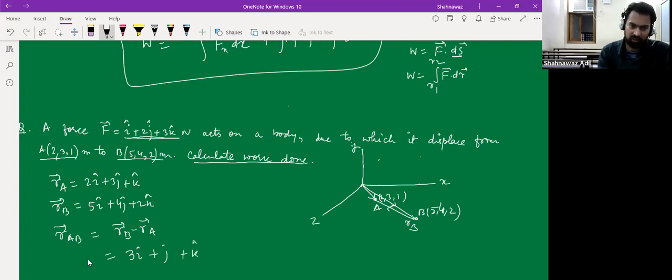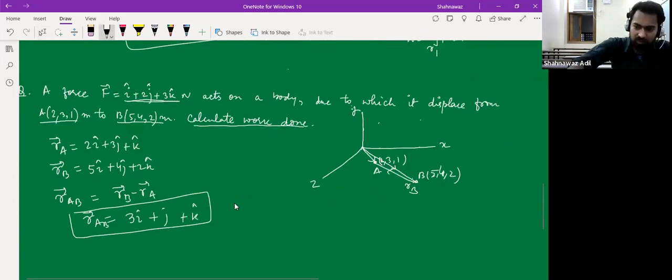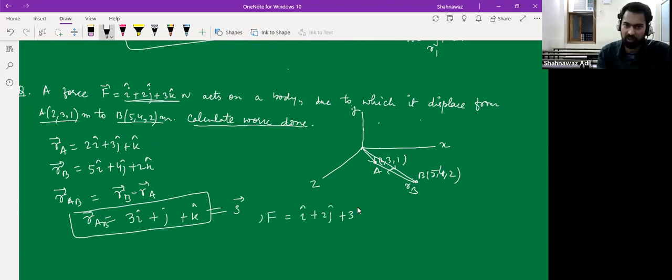So this is the displacement vector, and the force is i plus 2j plus 3k. So you have the force, you have the displacement. So work done will be F dot S.